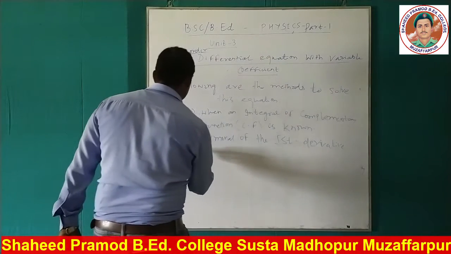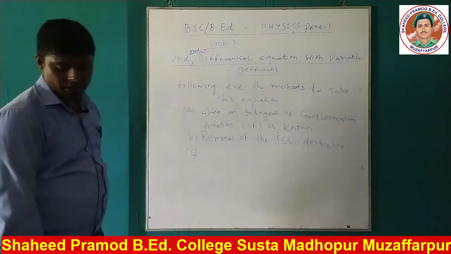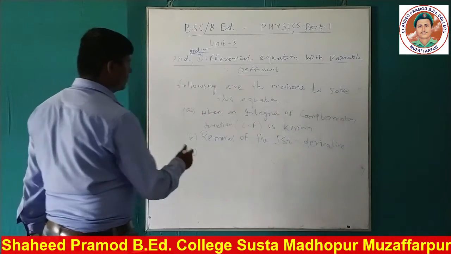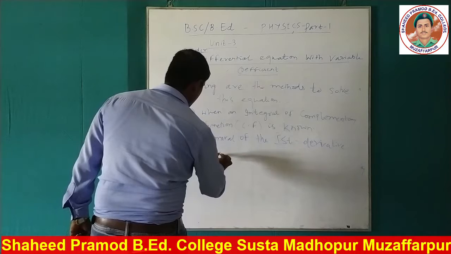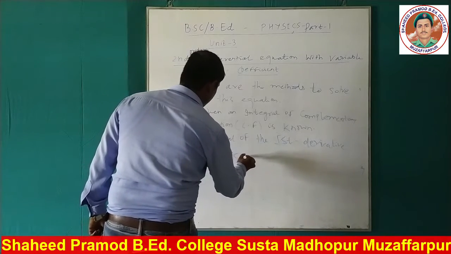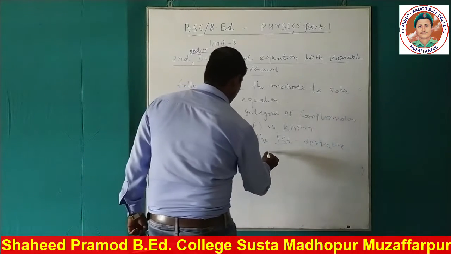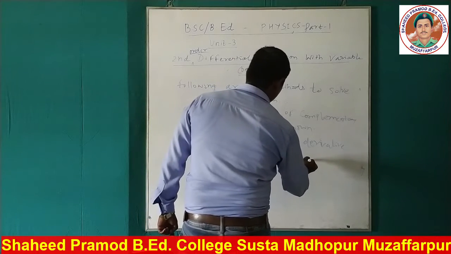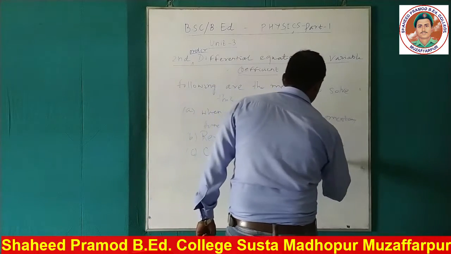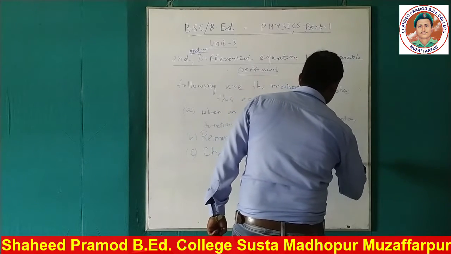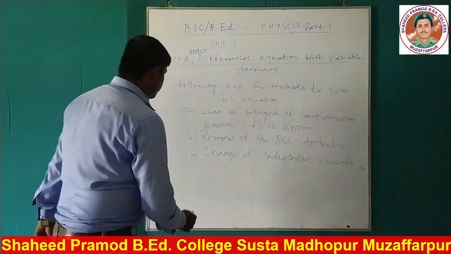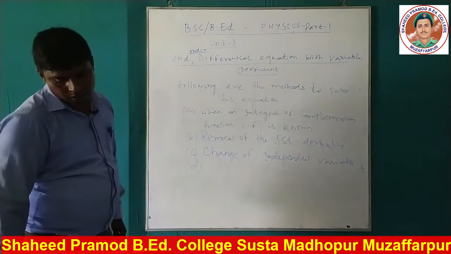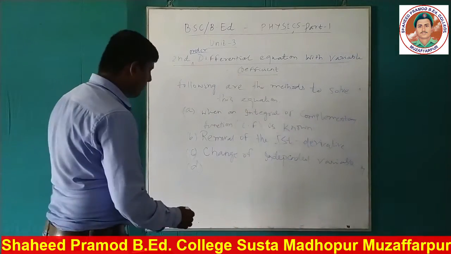Third method is change of independent variable. Fourth one, B, variation of parameters.